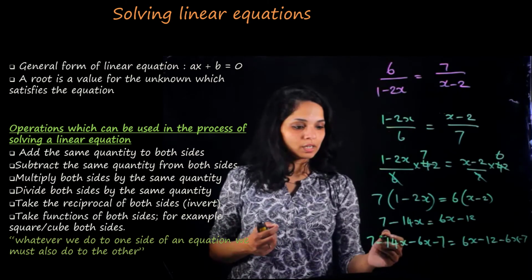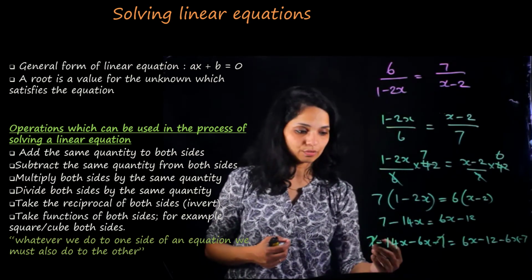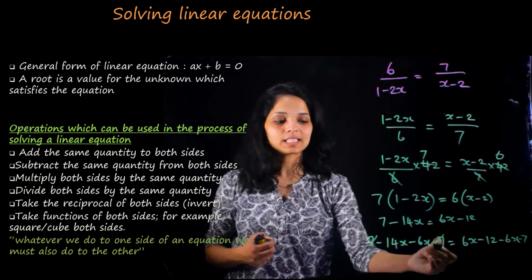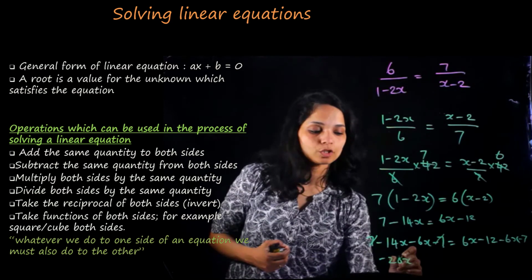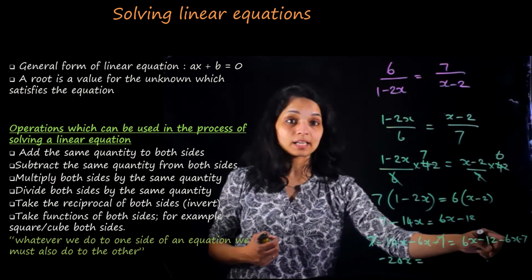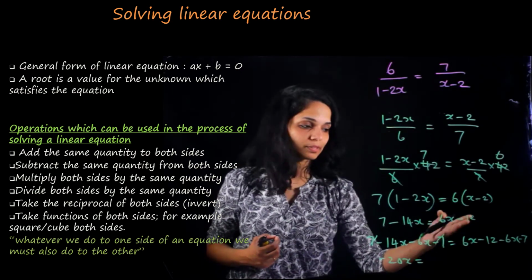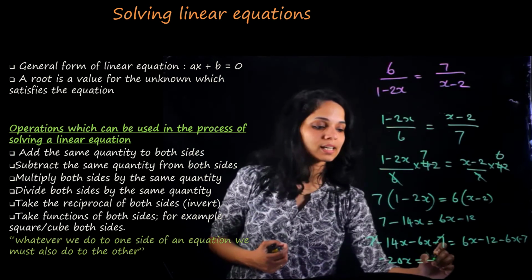Okay, now 7 and 7 cancel out to give you 0. 7 minus 7 is 0. So minus 14x minus 6x is minus 20x, by adding the coefficients. And that equals 6x minus 6x goes away, it's 0. Minus 12 minus 7 is minus 19.